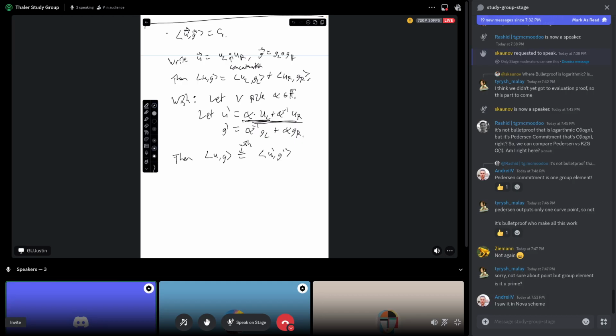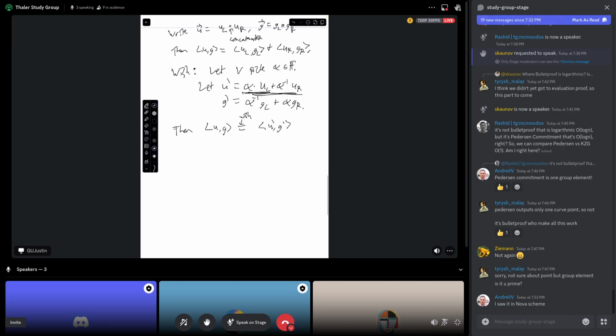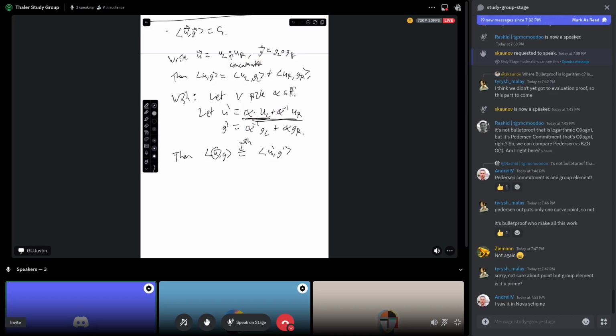Then at least conceptually, proving that there is a U such that the inner product of U and G takes some value is the same thing as proving that there is a U prime such that the inner product of U prime and G prime takes the same value. But these vectors are half the length.